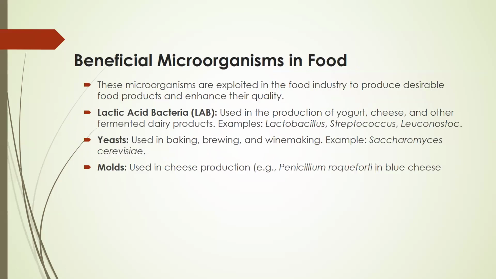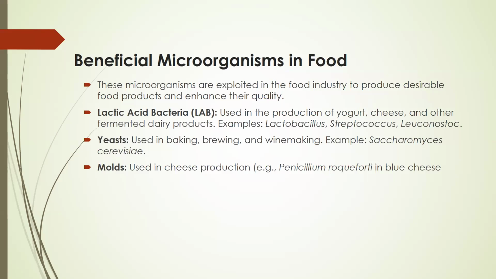So let's look at the beneficial microorganisms in food. These microorganisms are exploited in the food industries to produce desirable food products and to enhance the quality of food. For example, the lactic acid bacteria, commonly called LAB, are used in the production of yogurt, cheese, and other fermented dairy products.